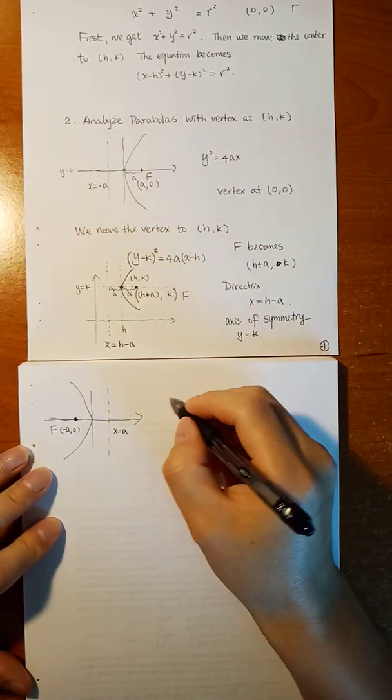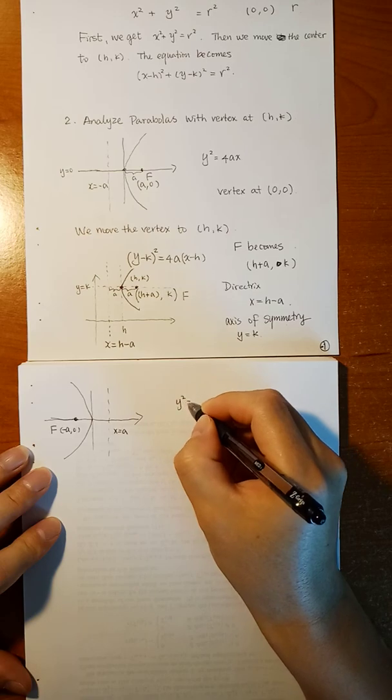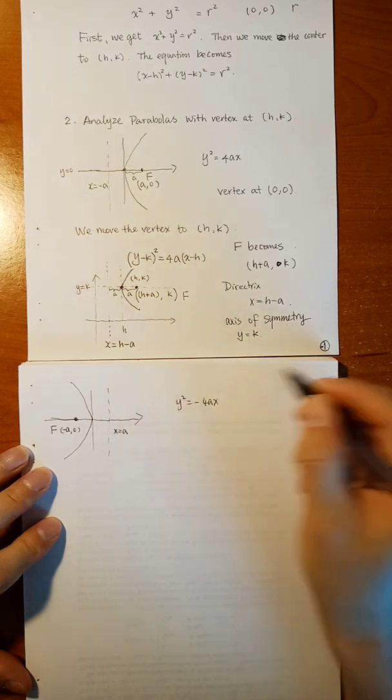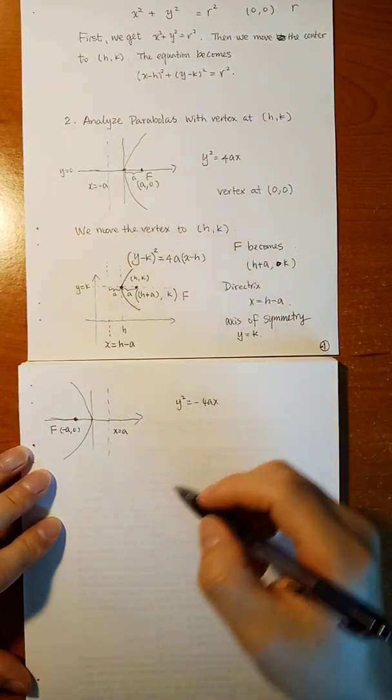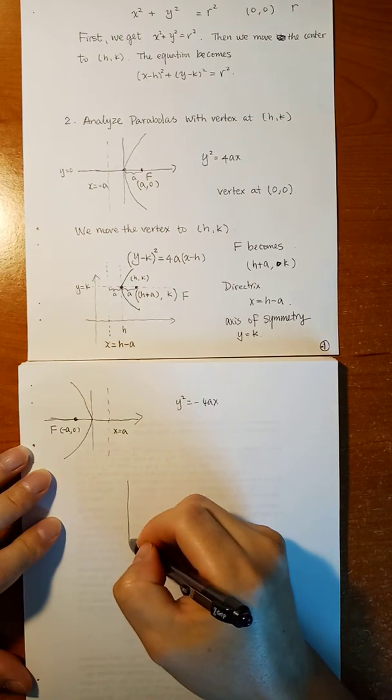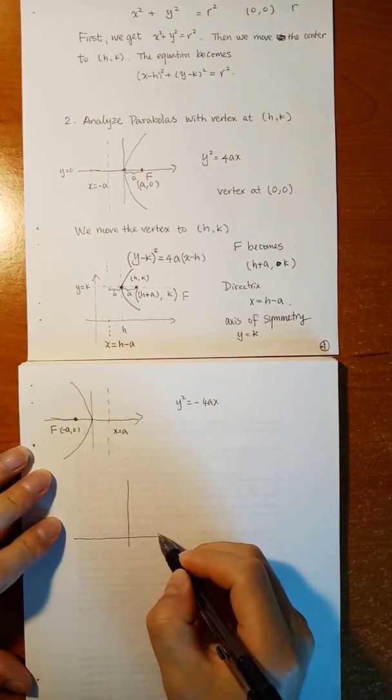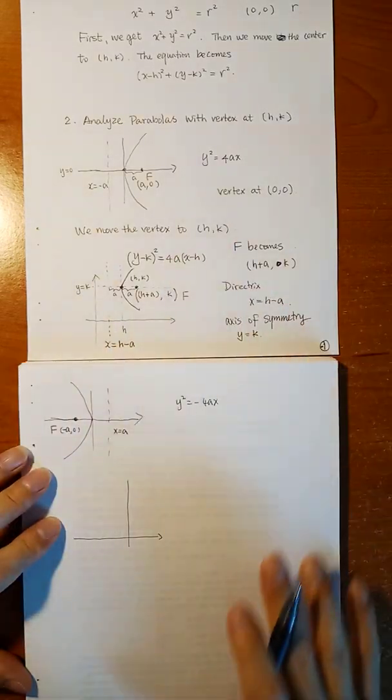The equation is y squared is negative 4ax. We move it to (h, k). It doesn't matter where (h, k) is.